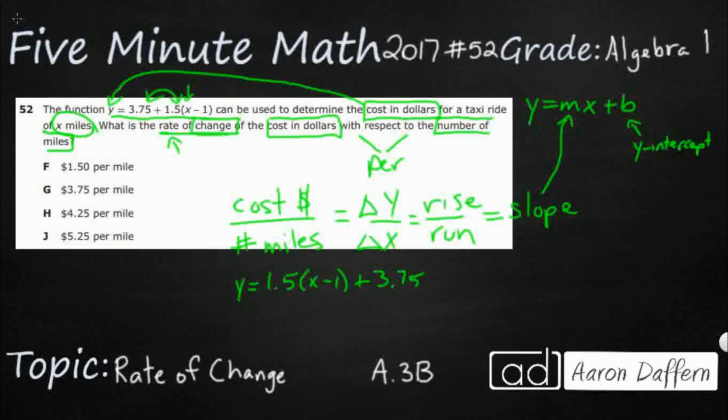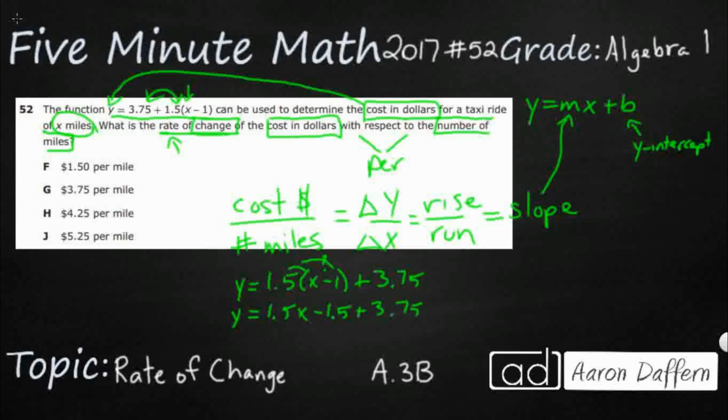So here's my y-intercept right there, or at least it looks like my y-intercept, but that's kind of interesting. But you know what? We can go ahead and distribute that out. Let's do this. 1.5x, we're just going to distribute that out, minus 1.5. Okay, so that's what that is, distributed out. Then I'm going to add my 3.75.